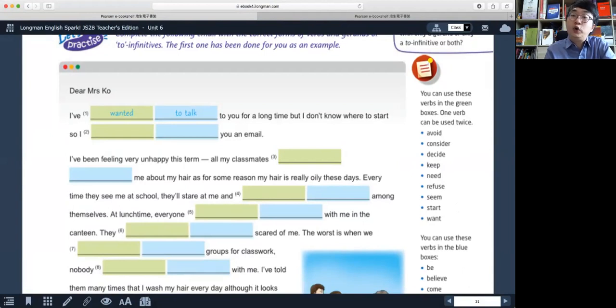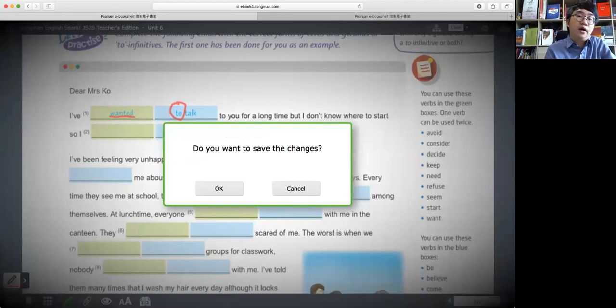Why are we using to infinitive here? Can you see the word to? Because of the verb wanted here. Go to page A10. Have a look at the table there. Can you find the verb want?